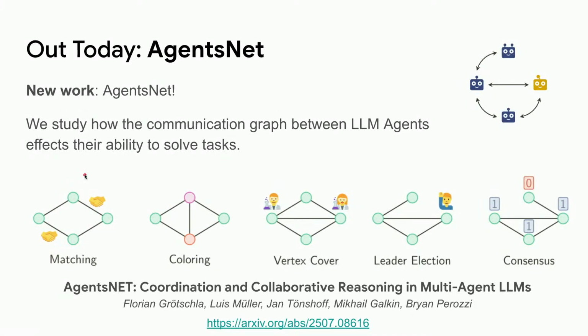You can connect them by APIs or by some other agentic frameworks. You impose a certain structure on them, and then you ask them to communicate, to talk to each other, to solve some basic tasks like matching, vertex coloring, or consensus. Consensus, for instance, is the most basic one, so they have to agree on a number. You seed them with some random numbers, and you ask them to talk to each other in several steps. Can you guys agree on one single number? It can be a number from any of them. Can they cooperate, or will they be refusing to work with each other?